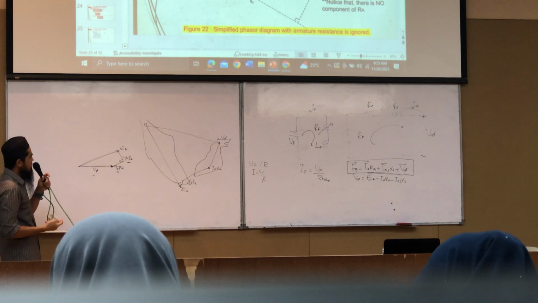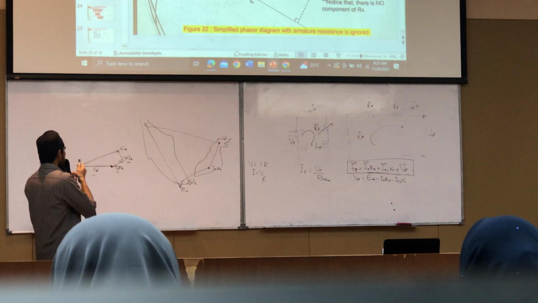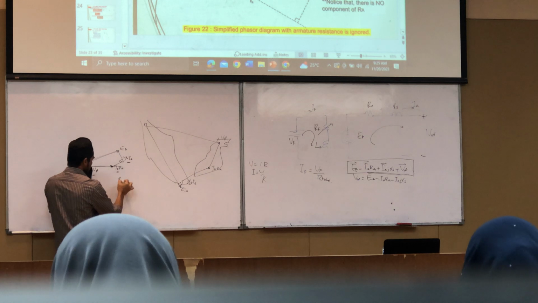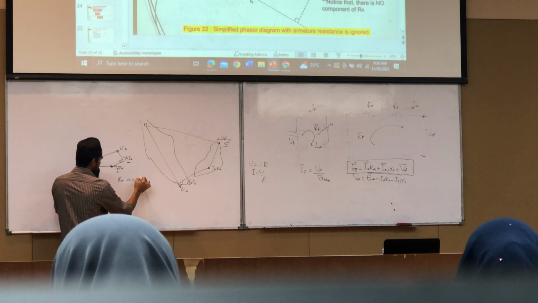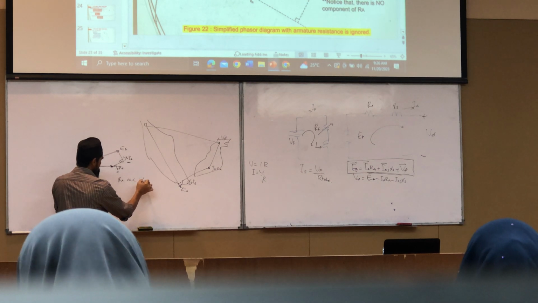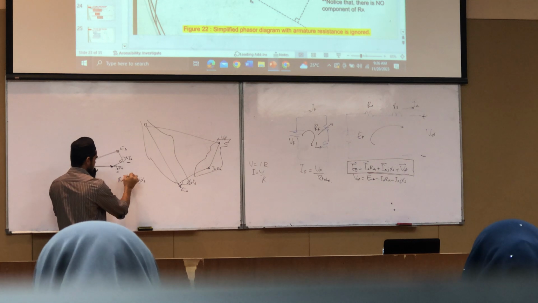Diagram ni tunjuk kita kata pada certain scenario, RA adalah sangat kecil berbanding JXS. So sometimes RA is considered as 0.